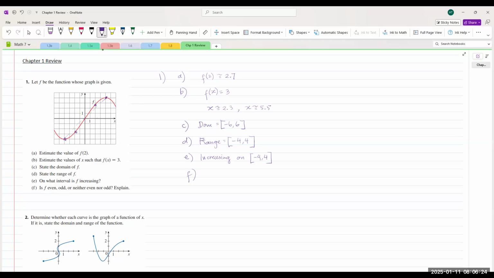So since the graph of that function, so it has to be a function first of all, okay, of the function is symmetric to the origin, then f(x), the function, is odd.